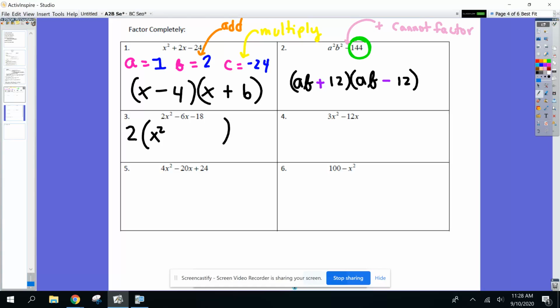Now, when I say take a 2 from -6, remember, guys, you are dividing. You're dividing everything when you take the 2 out. So what's left, Will, when I go -6x and I take the 2 out? -3. Yep. You're dividing, guys. And then what should be my last term here, Will? -9. Great job.